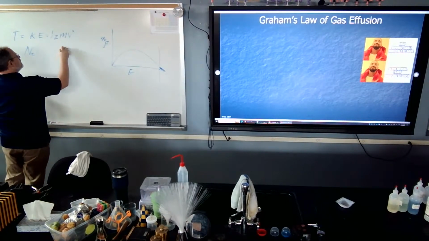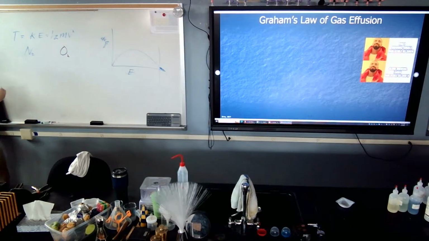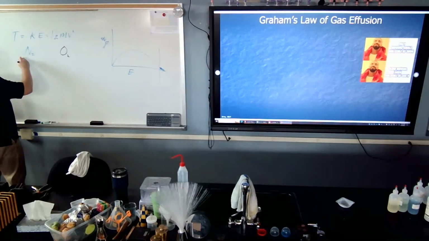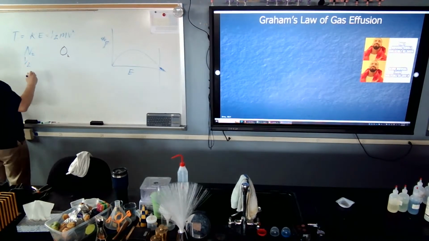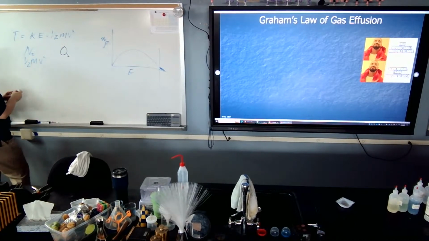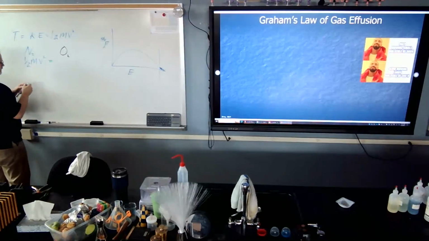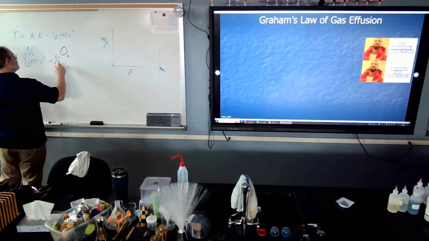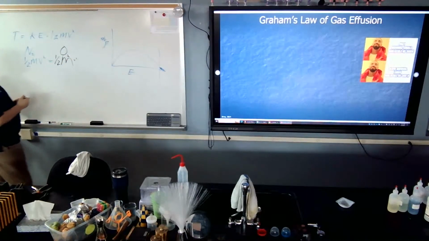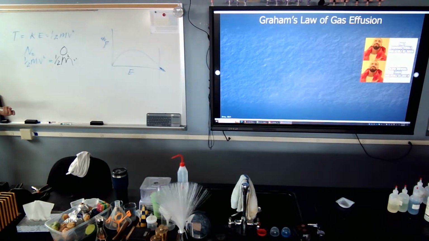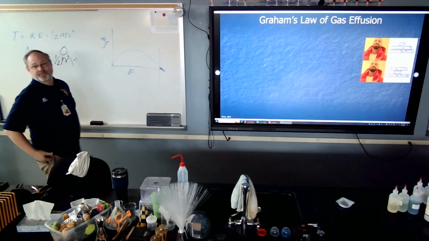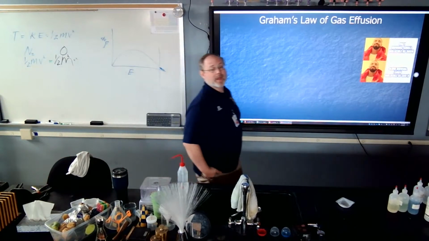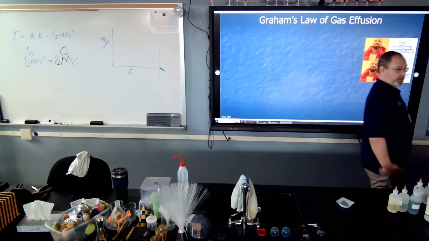Nitrogen has a 1/2 mv squared. Oxygen also has a 1/2 mv squared. But oxygen's more massive, so the 1/2 mv squareds are the same, but since oxygen is a little more massive, it has to be moving a little bit slower.